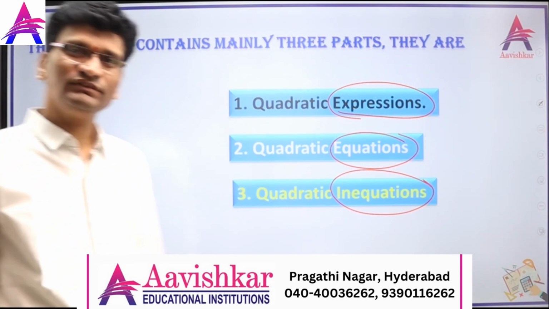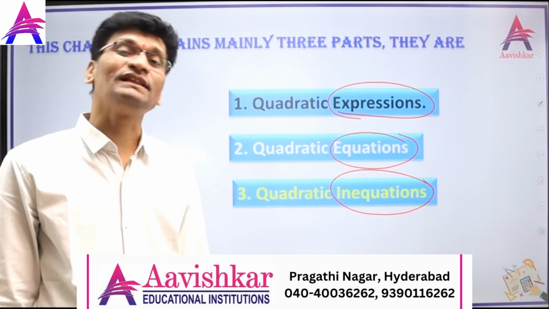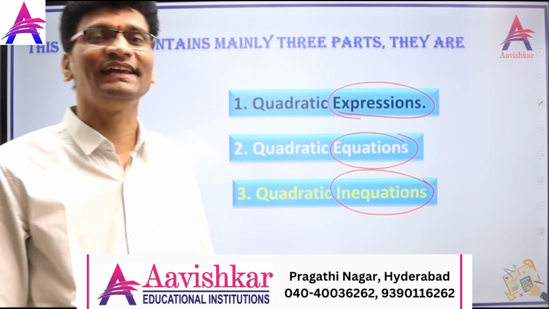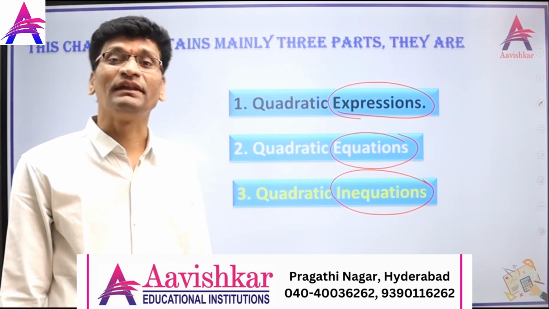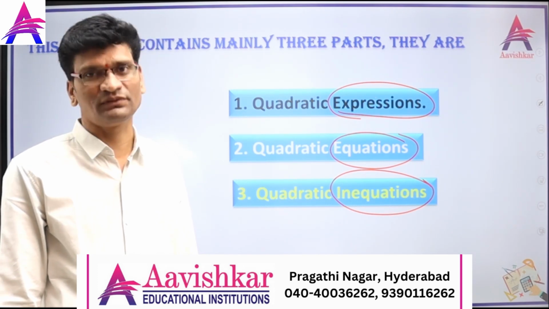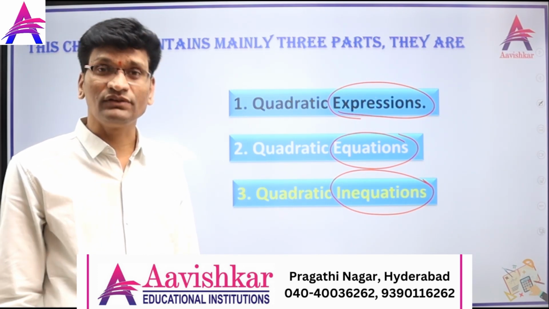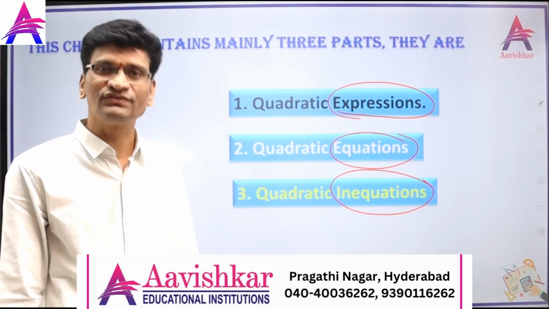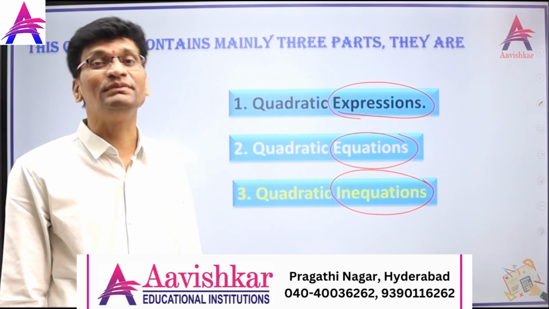But most of the students, when I ask what is the general form of the quadratic equation, immediately say ax square plus bx plus c is equal to 0. But whenever you are giving that general form, you have to focus on the three coefficients, they are a, b, c.